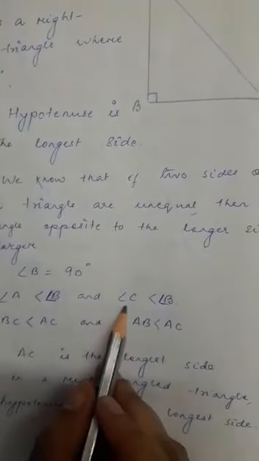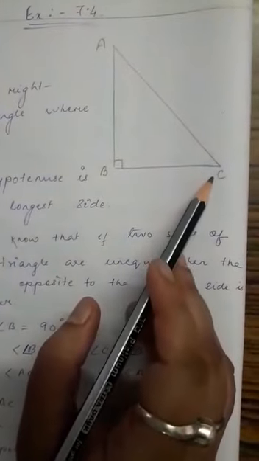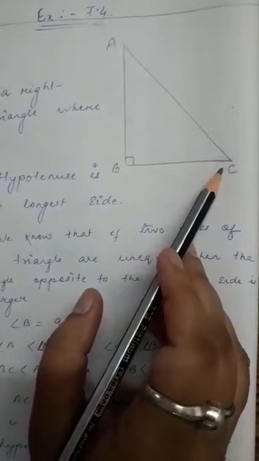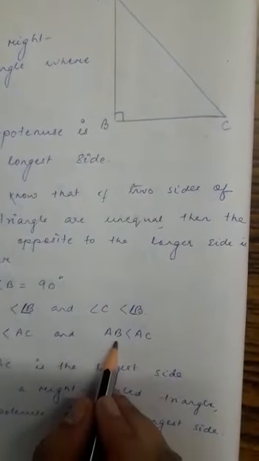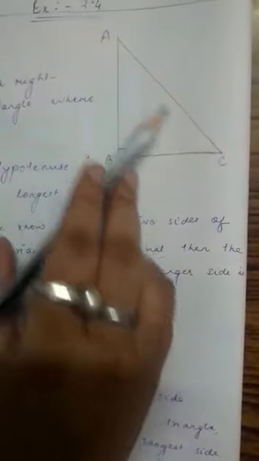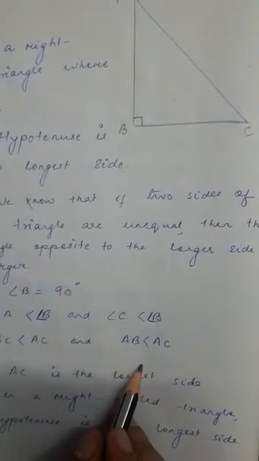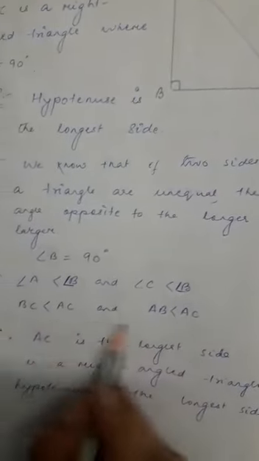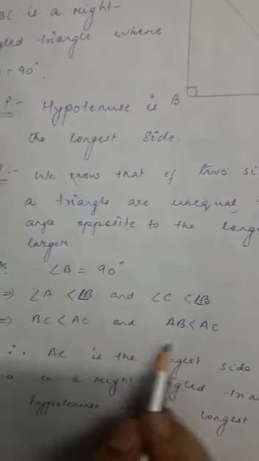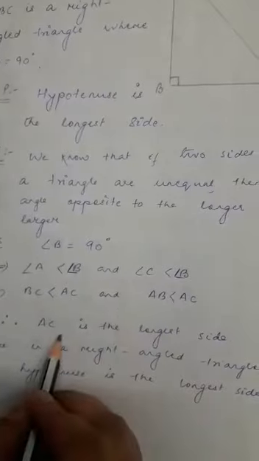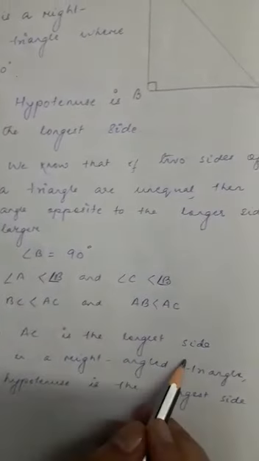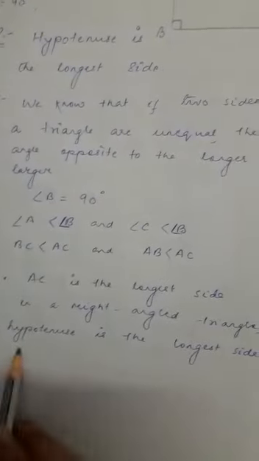Similarly, the side opposite to angle C is AB, and the side opposite to angle B is AC. So we get two conditions: BC is less than AC and AB is less than AC. That means both BC and AB are less than AC. Therefore, AC is the longest side. Thus, in a right angle triangle, the hypotenuse is the longest side.